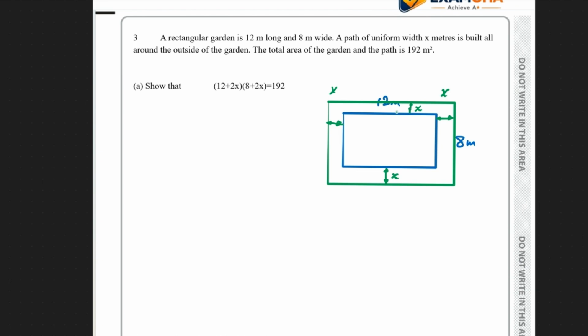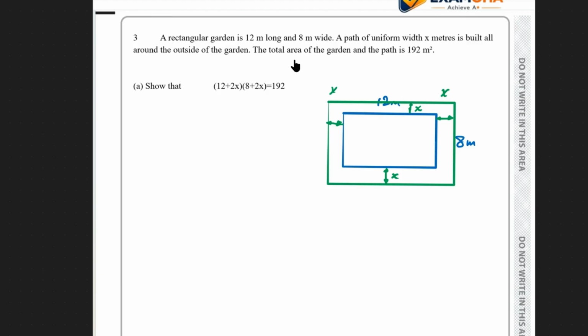The total area of the garden and the path is 192 meters squared. Show this equation. You don't have to worry about the equation now; you're going to carry on with this equation afterward. Now, what information is given to you?